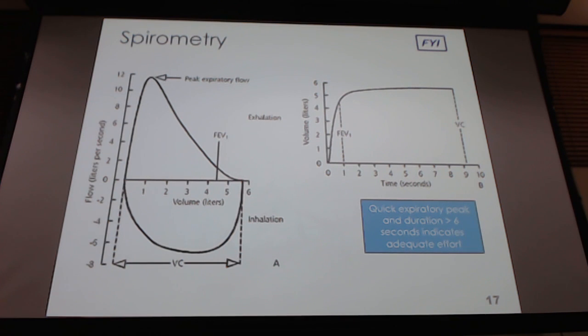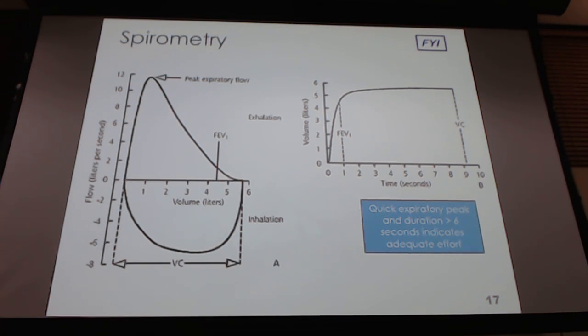And it shows you, here's the volume, flipped on its side, and you get almost all that air out, or you're supposed to. A normal lung will get almost all that air out with the right effort in the first second. And this is where we set a hash mark, and this is what's recorded on our PFTs.